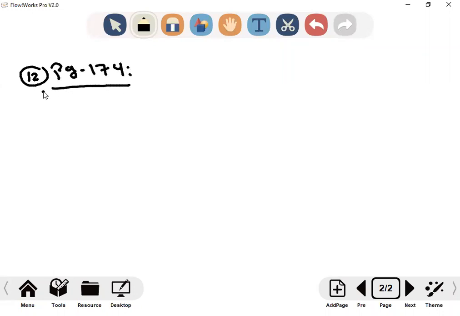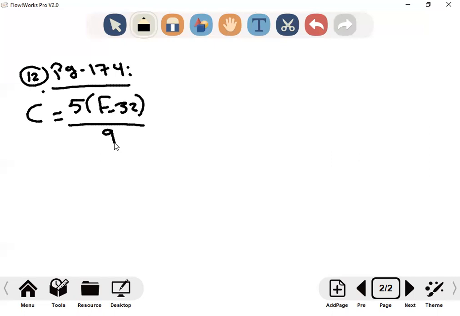Focus, guys. The question said the equation C equals 5 multiplied by the parenthesis F minus 32, all over 9. They want us to know the freezing point and the boiling point. Now the freezing point in the table, F is how much?